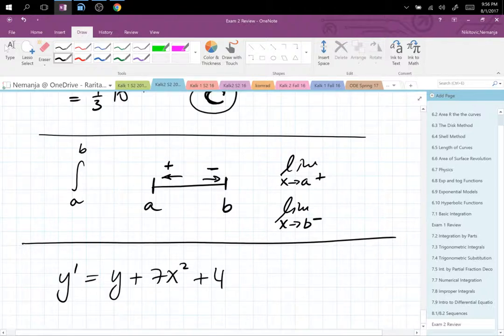All right. And what are you supposed to do? We're trying to find y equals some constant times e to the... For this question? Yes.